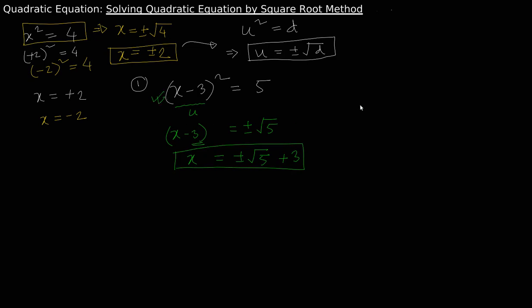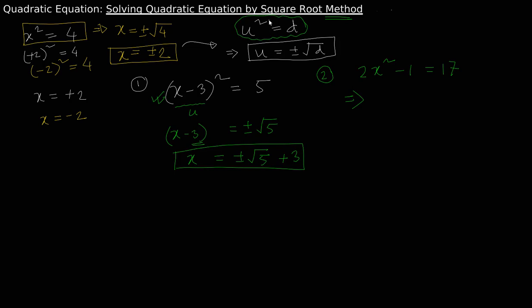Okay, so let us now solve some more problems. Let's solve the second problem. Let's say I have the quadratic equation 2x squared minus 1 equals 17. As I'm going to solve this problem by the square root method, I'm going to make sure my problem looks like u squared equals d.